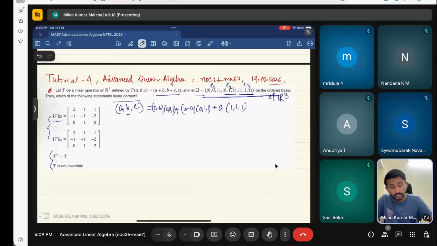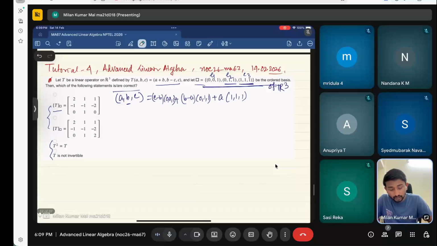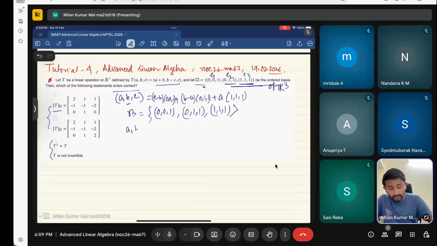So that means with respect to this ordered basis, if we write beta as the ordered basis, (0,0,1) is E1, (0,1,1) is E2, and (1,1,1) is E3, then the coordinate vector of (a, b, c) is (c minus b, b minus a, a).